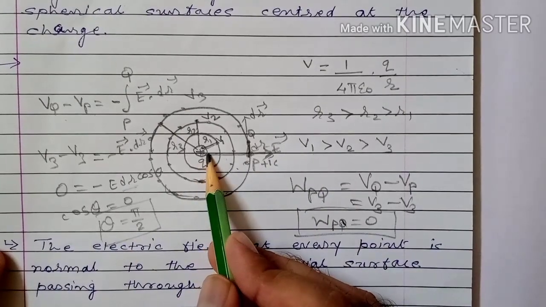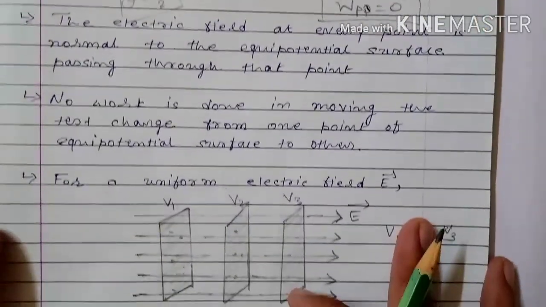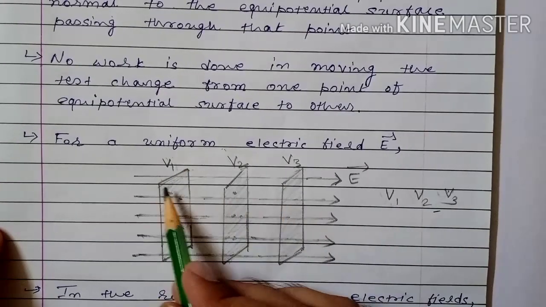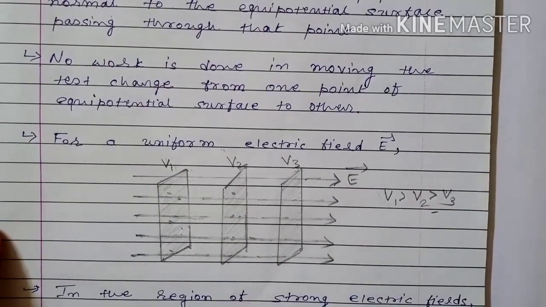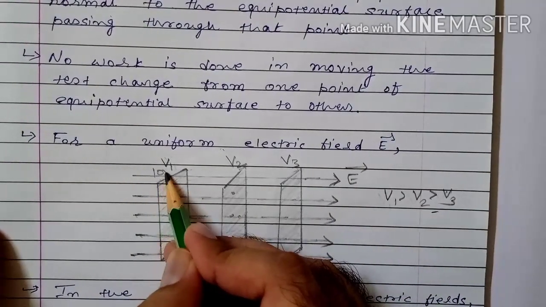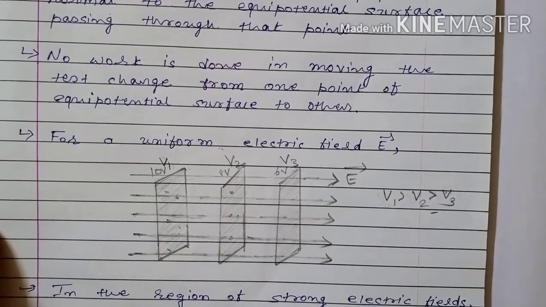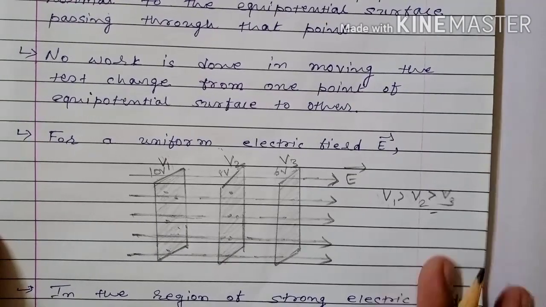So, as we move in the direction of electric field, potential decreases. So here also we can say potential V1 will be greater than V2 and V2 will be greater than V3. Suppose this is 10 volt, then this will be 8 volt, this will be 6 volt, like that. Potential decreases as you move in the direction of electric field.